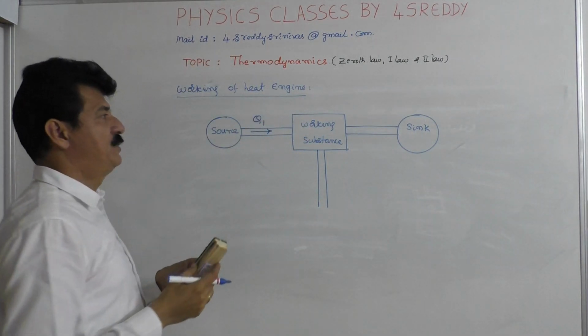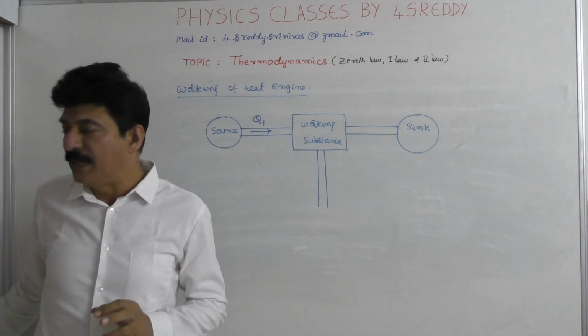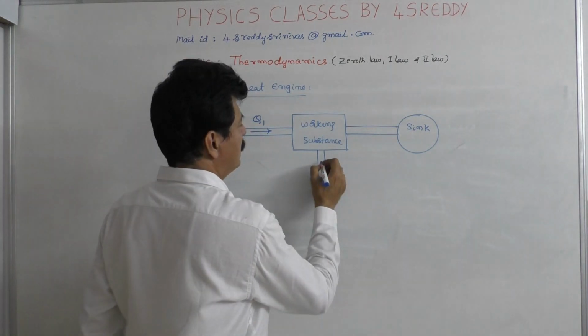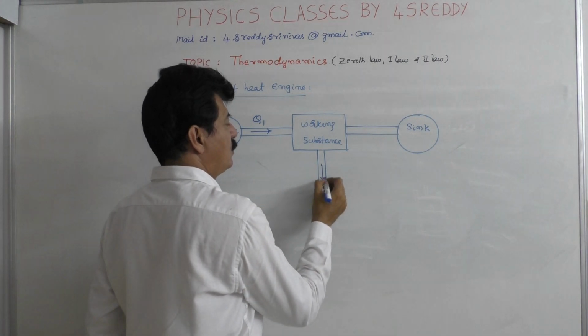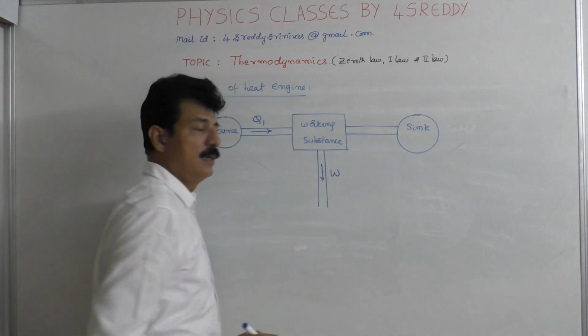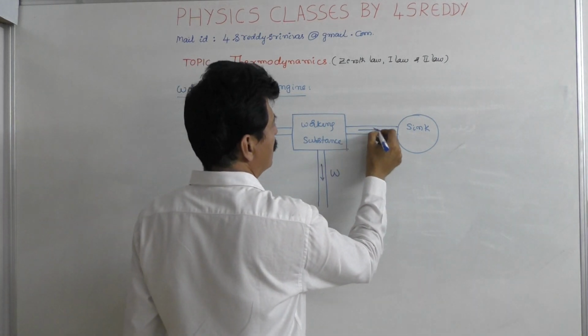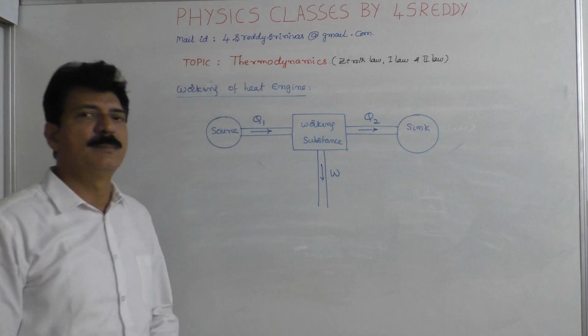Q1 heat is absorbed by the working substance from the source, and thereafter work is done by the gas. Let W be the work done by the gas, and the remaining heat is rejected to the sink. This is the basic simple thing.